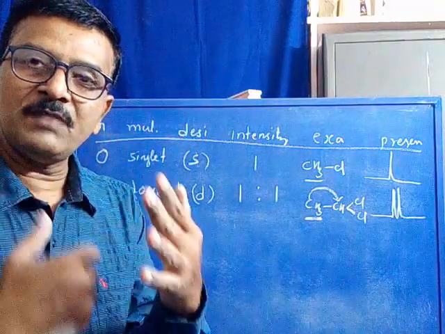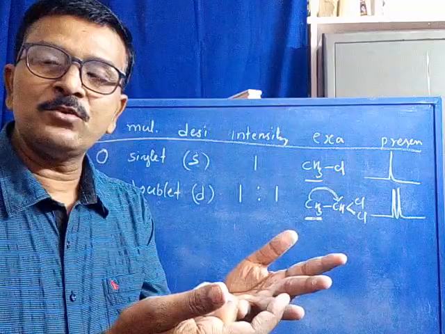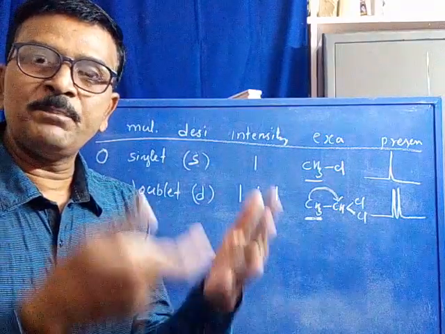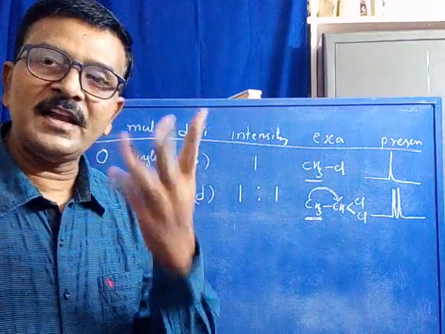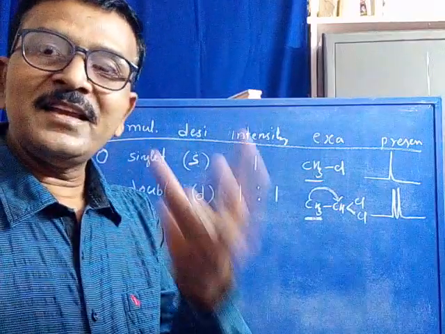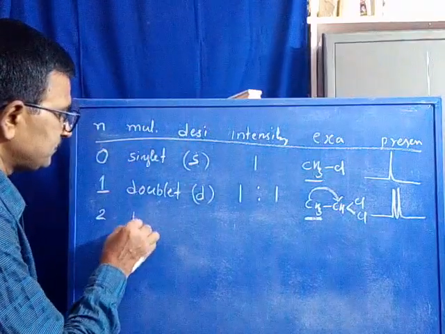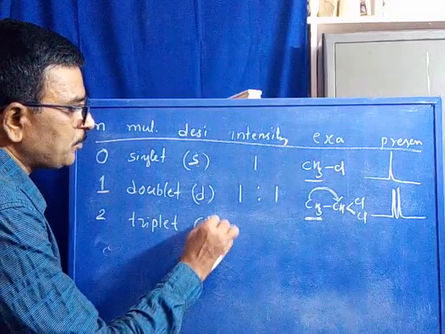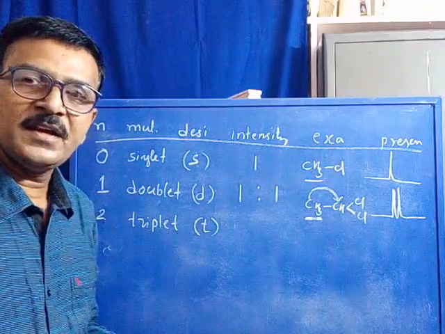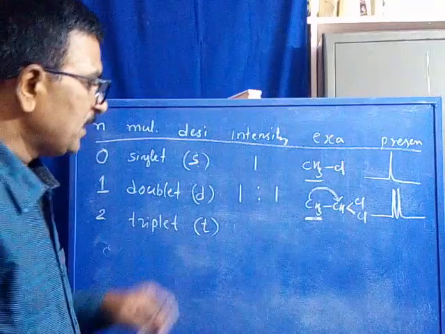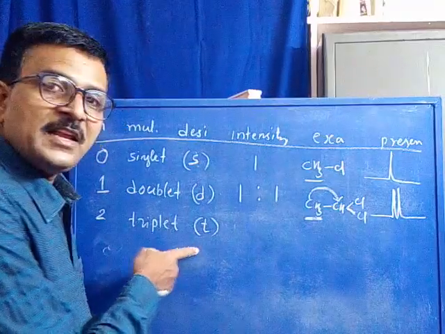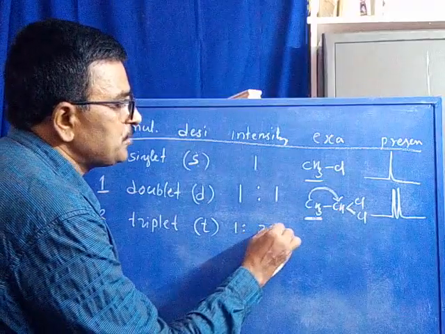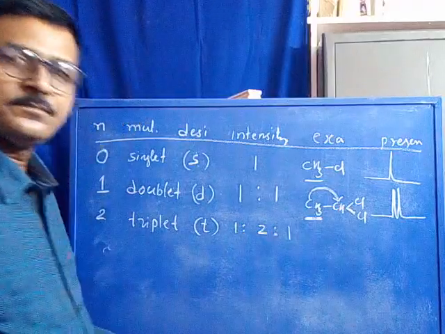So a set of protons, if coupled with two adjacents, by the n plus 1 rule results in 3 lines. The 3-line signal is called a triplet, designated with a small t. Now the 3 lines have intensities of 1:2:1.